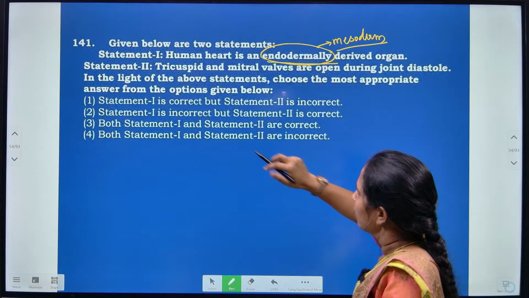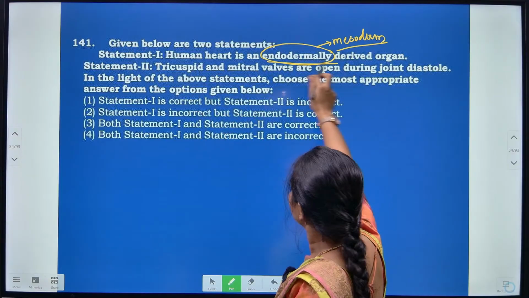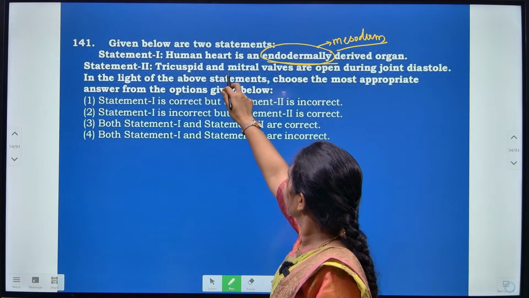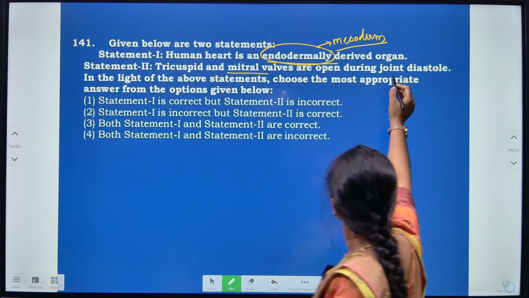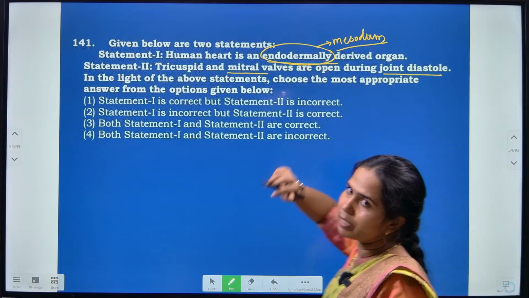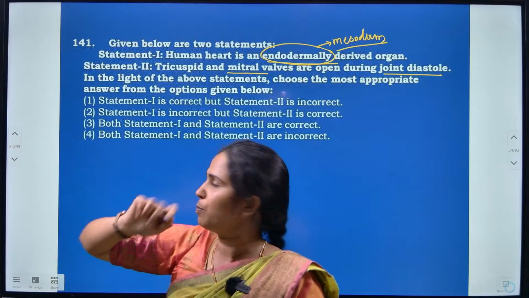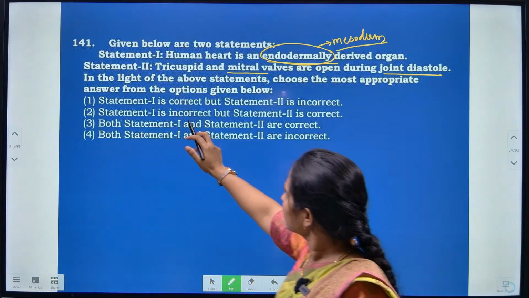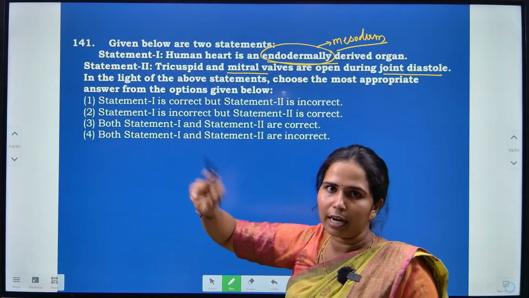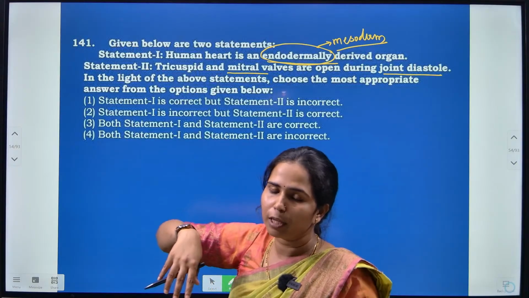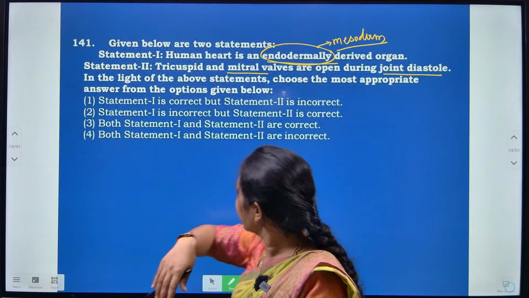Statement 2: the tricuspid and bicuspid mitral valves are open during joint diastole. Joint diastole means both atria and ventricles are in the relaxed position. During this time both tricuspid and bicuspid valves are open, which helps the blood flow from atrium to ventricles.